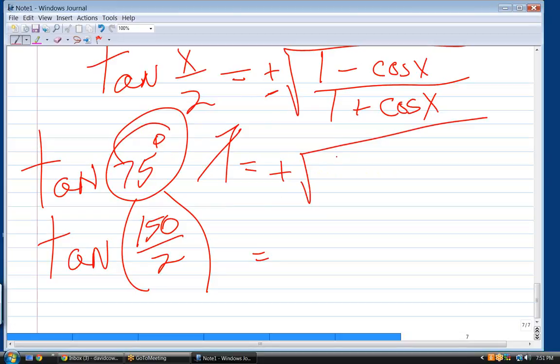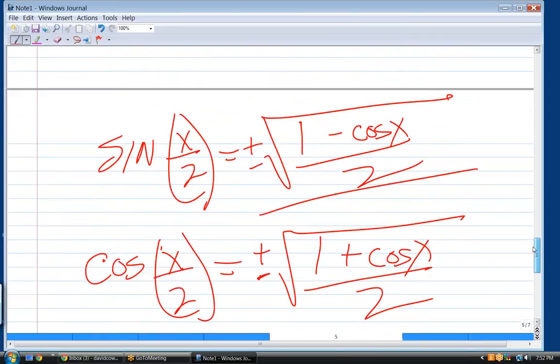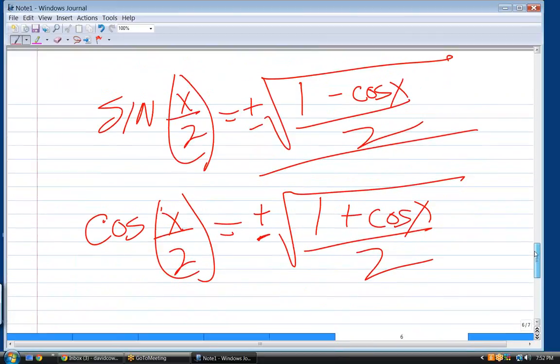Now, what goes in here? That'd be 1 minus cosine of 150 over 1 plus cosine of 150. In other words, the 2 only comes in when we're doing sine or cosine half angle.